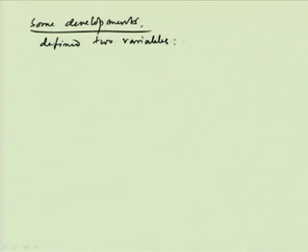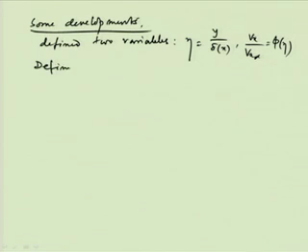What are these? Eta is one variable, it is y by delta, which is a function of x, and he said that Vx by Vx infinity is equal to phi of eta, phi is a function of eta, and then he defined a stream function.